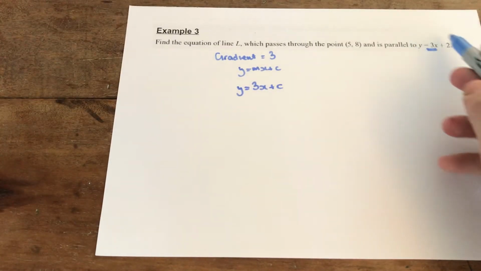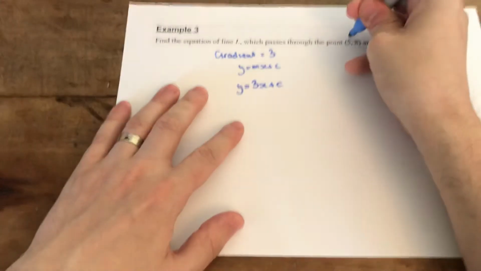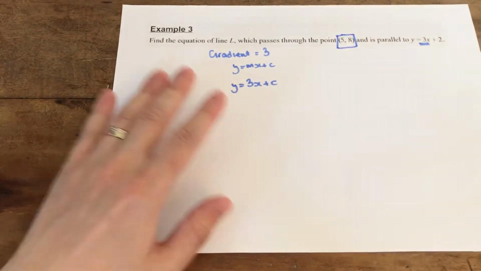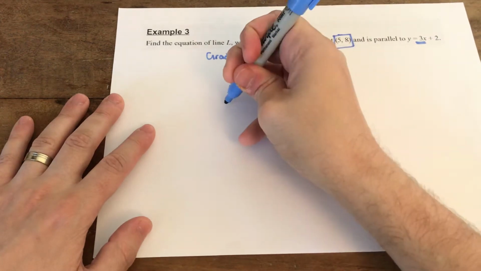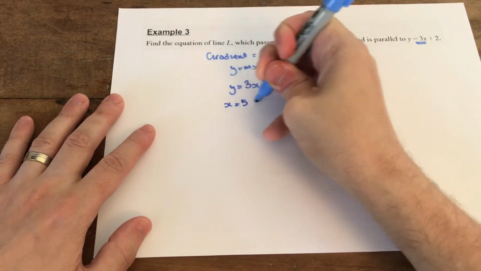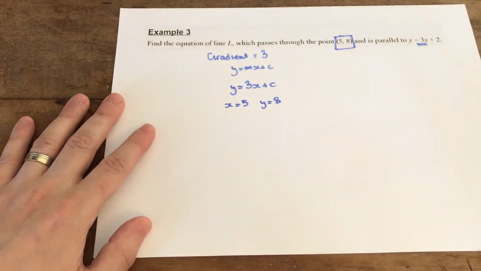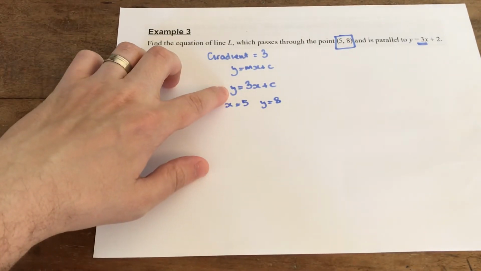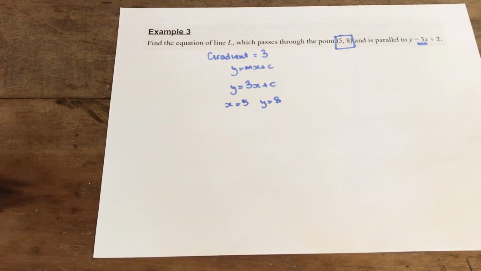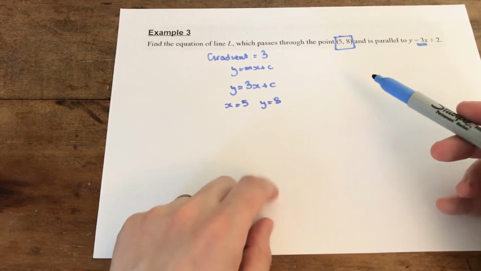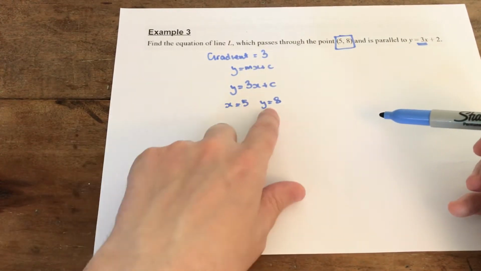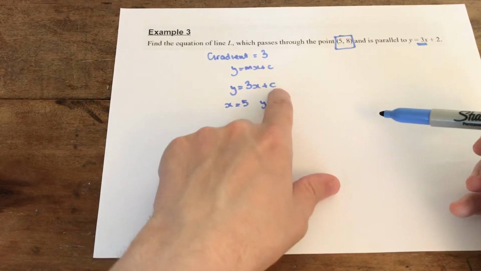What we want to do is use the point that we're given, for a reason, to work out c. We do x equals 5, y equals 8, and substitute this into this equation. Similar to when we were proving that points were on a straight line, this allows us to rearrange to find c.